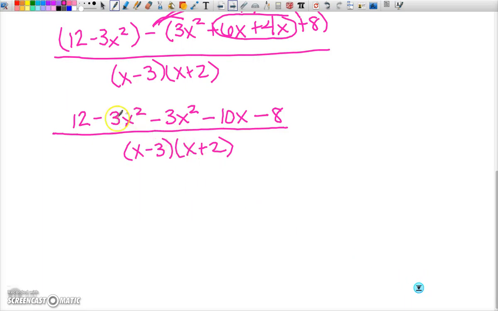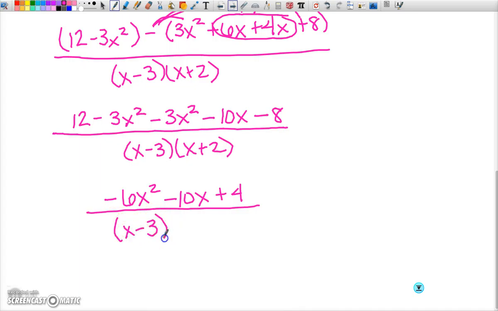And continuing just a little bit further by combining our like terms, negative 6x squared, so that's combining these two, minus 10x, and then 12 minus 8 is 4. And we have our denominator.